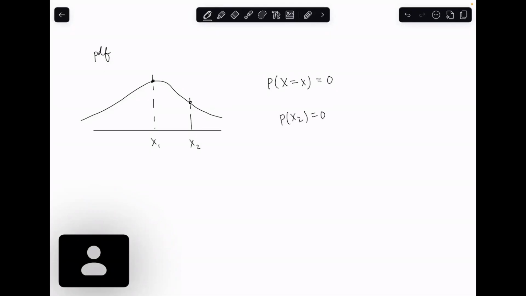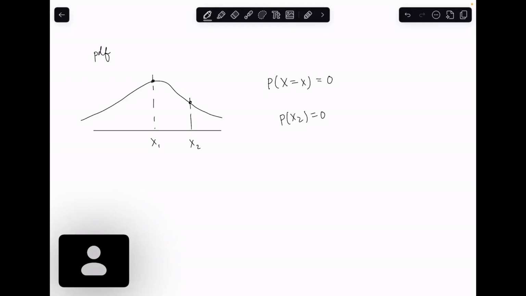Because now instead of discrete, we're looking at continuous functions, right? The area below it integrates to 1, but we're looking at an infinite range, right? There's an infinite amount of X values in between there, and that's why when we take the probability of just one X value, it's equal to 0. So that's something important to know about PDFs.